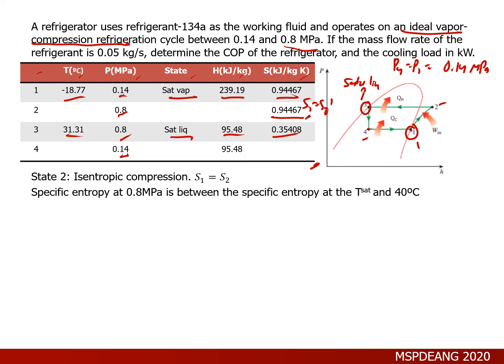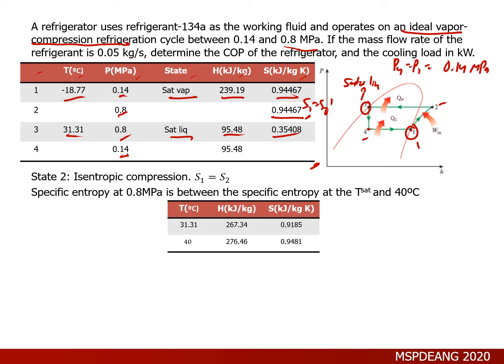Okay, so the specific entropy at 0.8 MPa, if you take a look at the R-134A table, okay, should lie between the specific entropy at the saturation temperature and at 40 degrees Celsius. Okay, so between Tsat is 31.31 degrees Celsius and T is 40 degrees Celsius, dito mag-lie si specific entropy na isentropic state. Okay, so from here, we can now interpolate to get the temperature and the specific enthalpy at state 2.